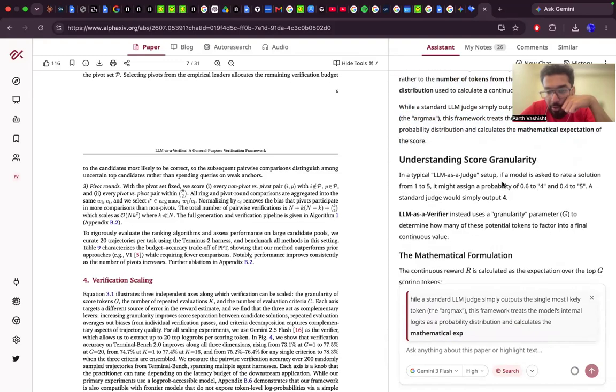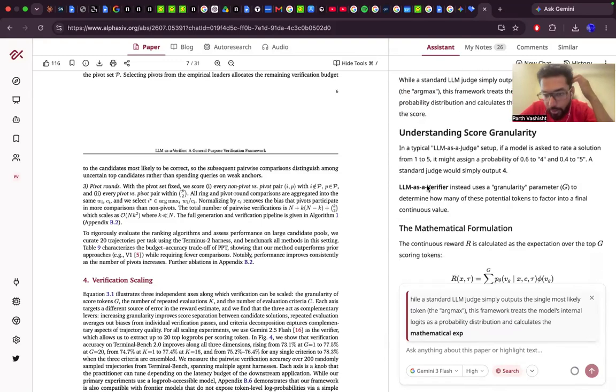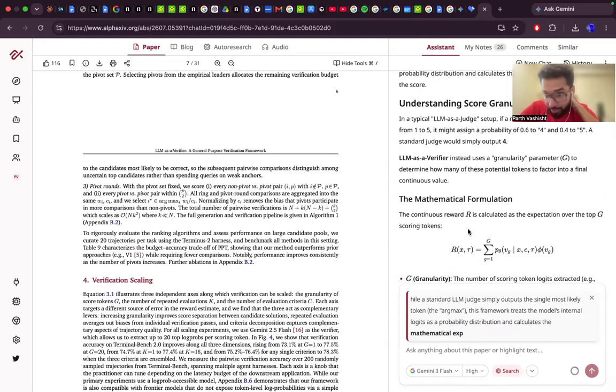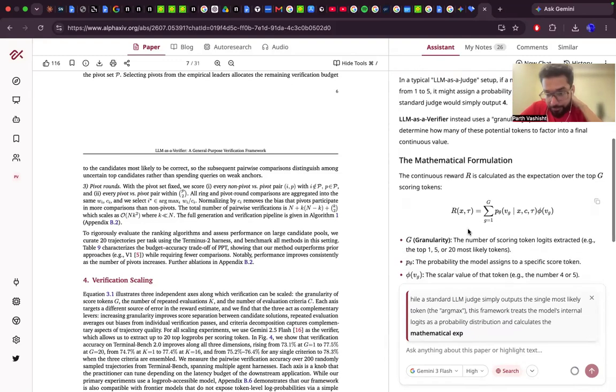In a typical LLM judge setup, if the model is asked to rate a solution from 1 to 5, it might assign probability 0.6 to 4 and 0.4 to 5. A standard judge would simply output 4. The LLM verifier uses the granularity parameter to determine how many of these potential tokens to factor into a final continuous value.